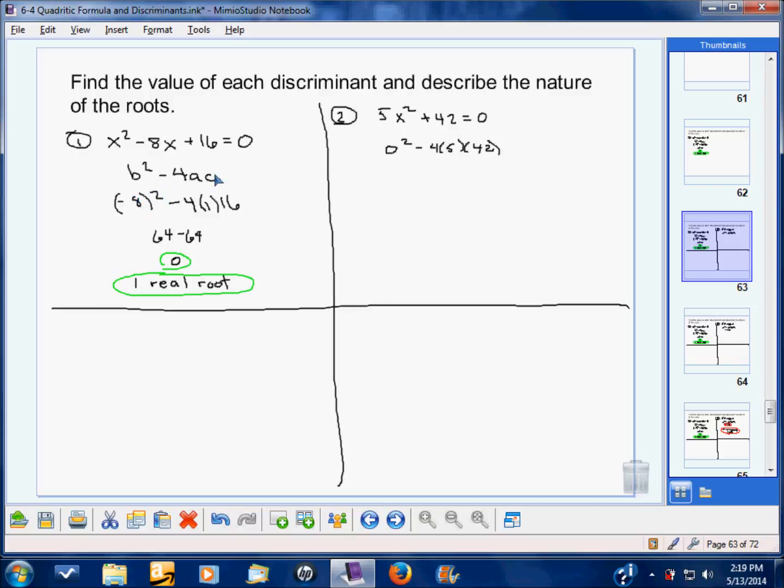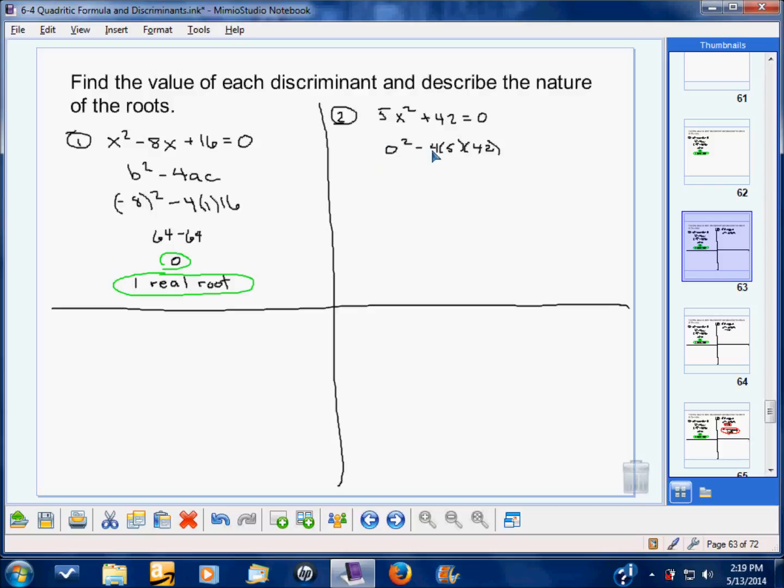It's B. There's no B. There is no x term, so that's why this one is 0. So 0 squared minus 4, it's always 4, times A, 5, times C, 42. So in this case, you do have a 0 for your B.